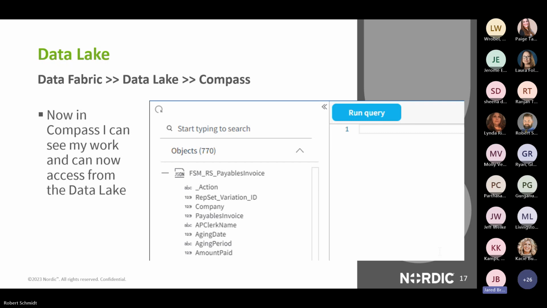And then the only other thing I'd say in this example is look at the objects count there, 770. A lot of those are pre-delivered. If you go back to what I talked about, in a typical multi-tenant implementation, where you have the moving pieces between the replication sets, the ION flows and connection points, and maybe an endpoint like burst, if those things are set up, you will see here in Compass tons and tons of pre-delivered objects, because those are all driven by the replication sets that are delivered by Infor.